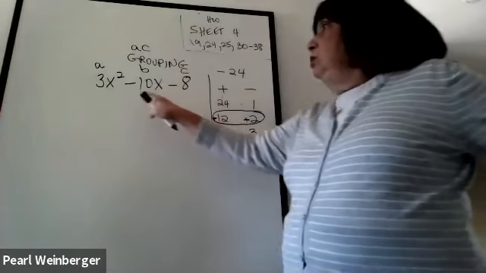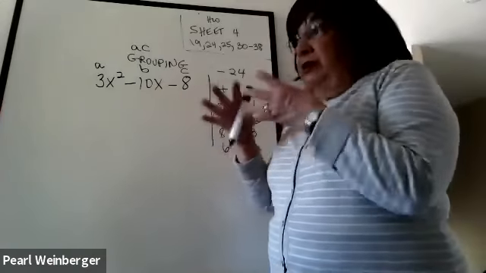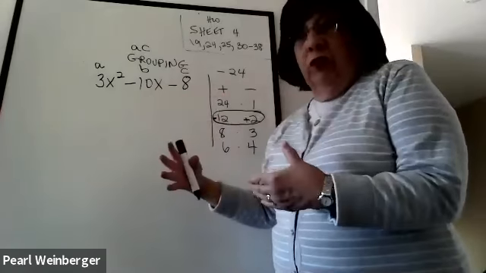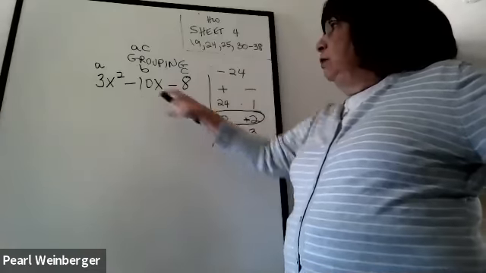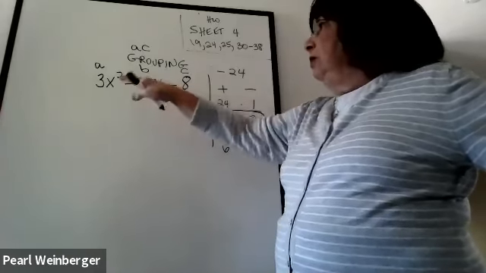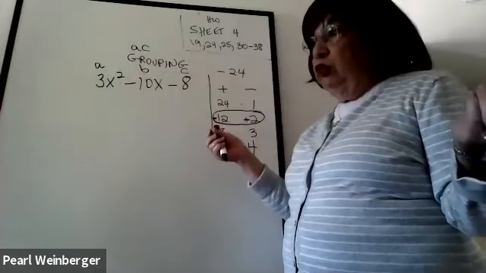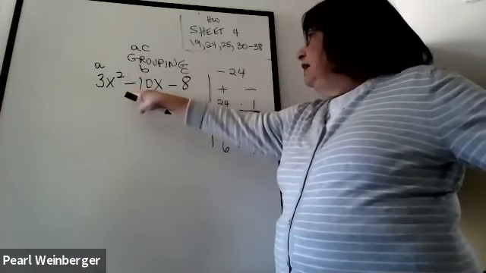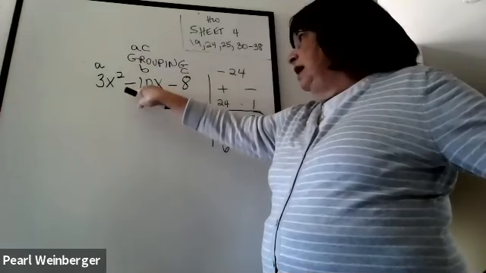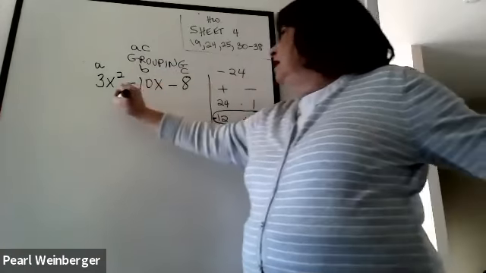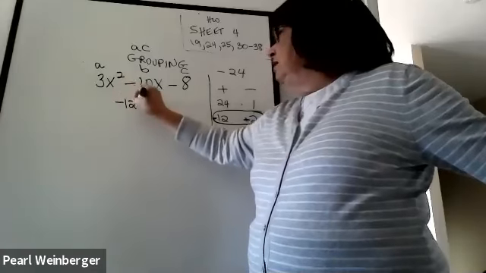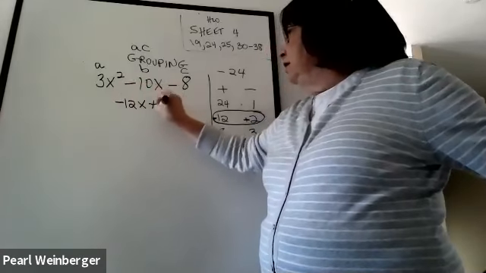So this is just like what we did before when we were trying to figure out what numbers to use. But what I do now is, instead of right away writing my two parentheses, I take that middle number, that negative 10x, and rewrite it as negative 12x plus 2x.